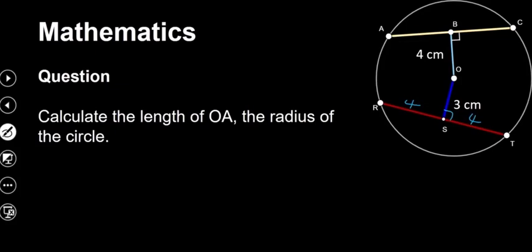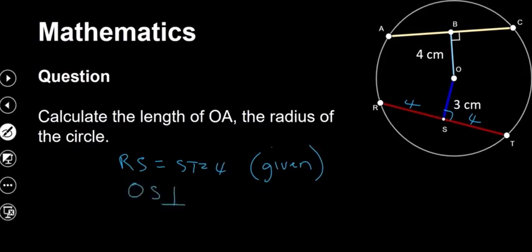The first thing that I will need to do will be to say RS is equal to ST, right? Why? This I was given, I was told. Oh, by the way, I will just say this is equal to 4 because they did tell me it's equal to 8 as a total, right? Therefore, I will then say that OS is perpendicular to RT.